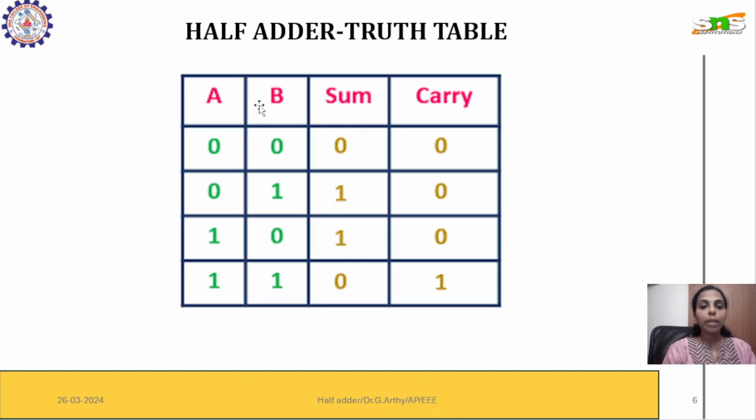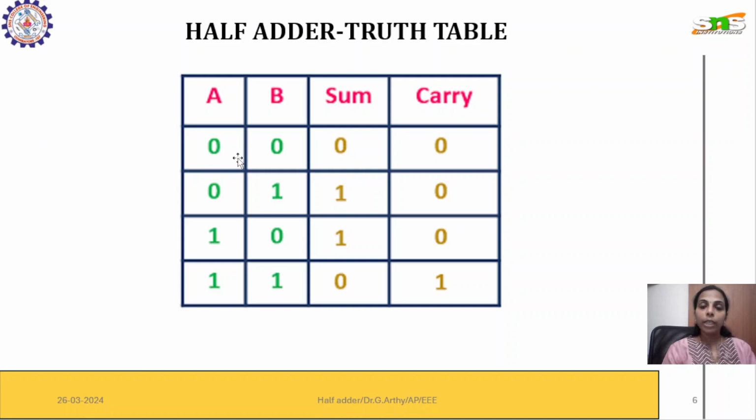Here, A and B are the inputs. As we discussed earlier, a half adder is a circuit which has two inputs and two outputs. So, A and B are the inputs, and sum and carry are the outputs in this case. If you have two inputs, then obviously we'll have 2 power 2 combinations of inputs.